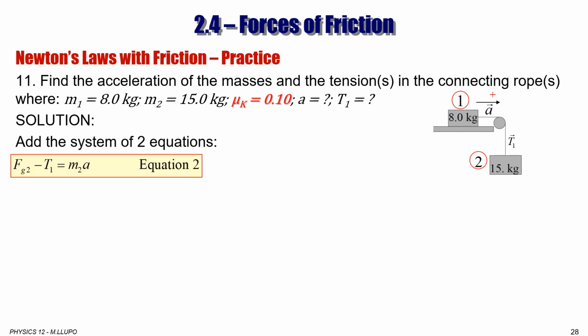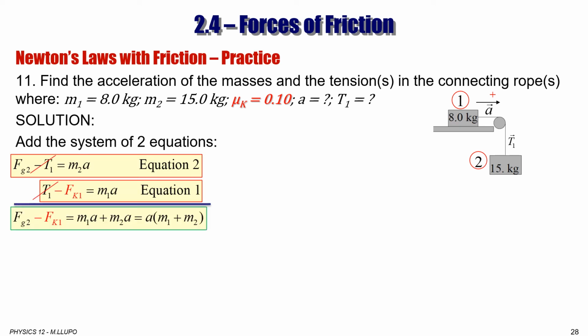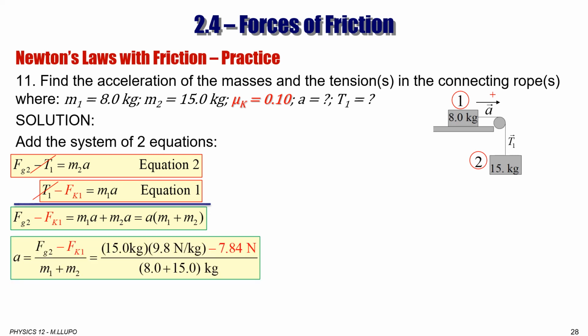So next step is to add those two equations together, make sure that tensions cancel. And then on the left is left Fg2 minus Fk1. On the right, we have both m1a and m2a. So we factor a and we solve for a: Fg2 minus Fk1 divided by m1 plus m2.